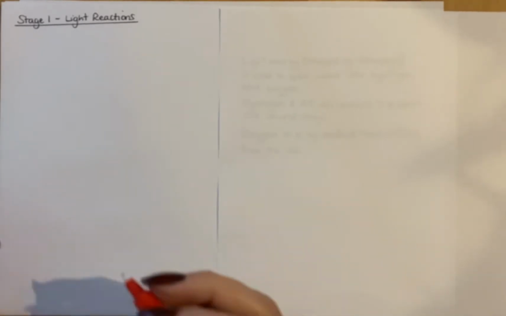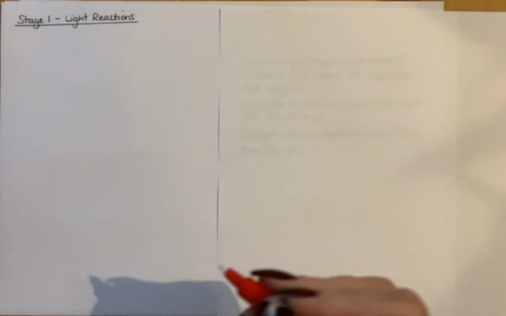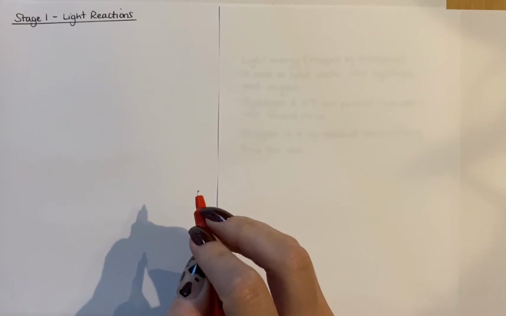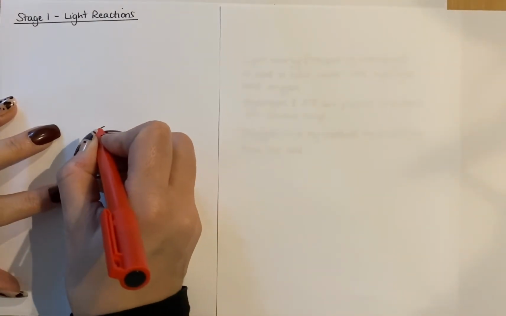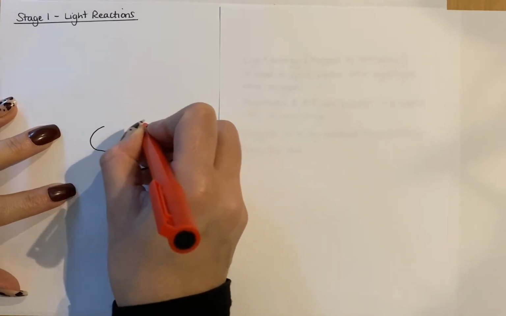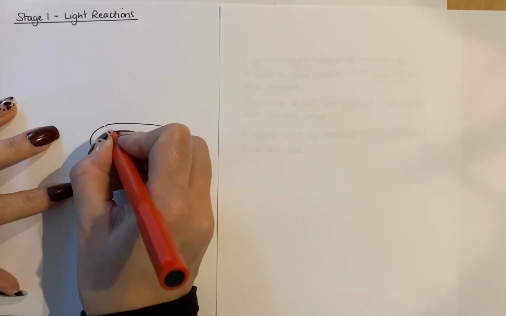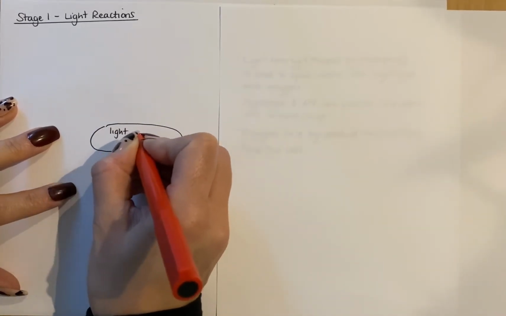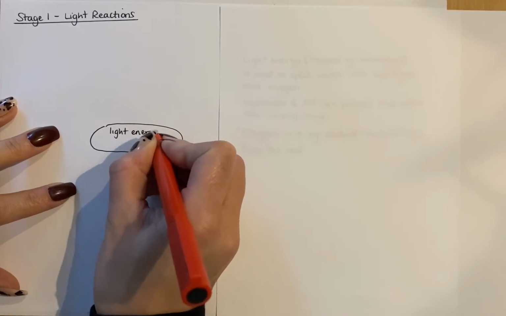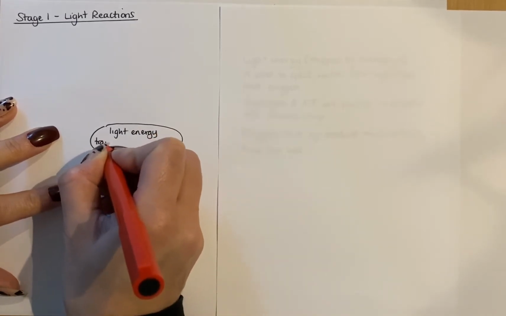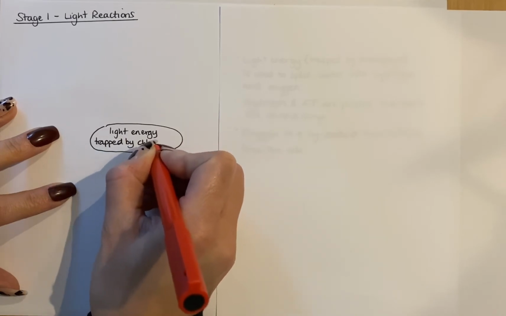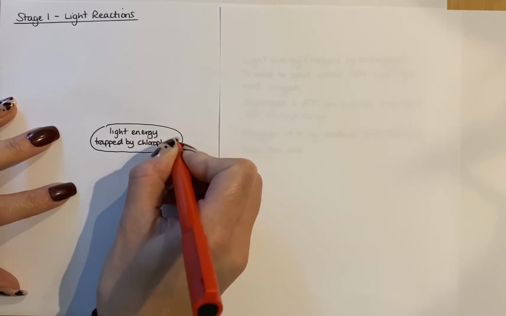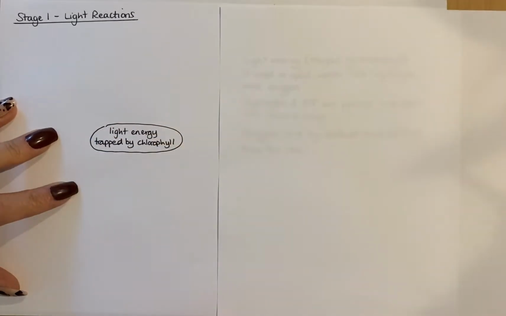If we think back to the previous sheet, we talked about the fact that it needs chlorophyll, and it's within those chloroplasts that you have chlorophyll. So that light energy is trapped by chlorophyll, and bear in mind that chlorophyll is contained in chloroplasts.